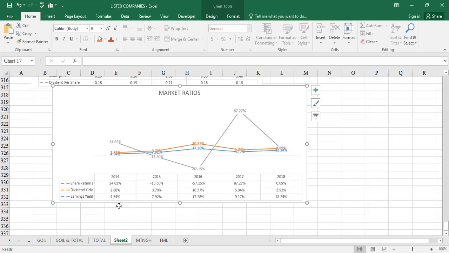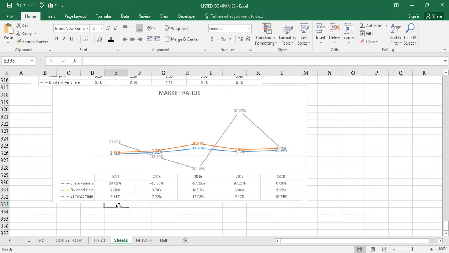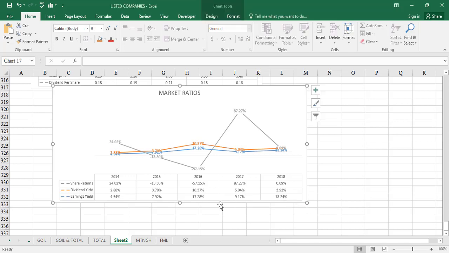So in 2014 we are seeing the earnings yield of 4.54%, and throughout the years it has been on the increase, with the highest being 2016, where they had an earnings yield of 17.28%, and in 2017 it declined to 9.17%, and 2018 it stood at 13.24%. So this has been the market ratios for Total Ghana.